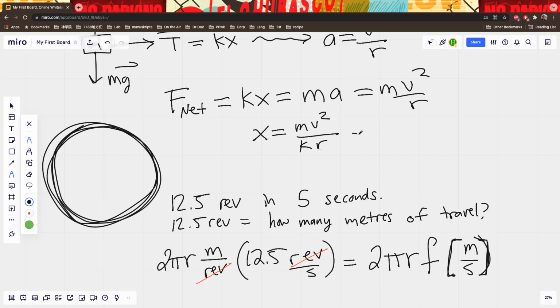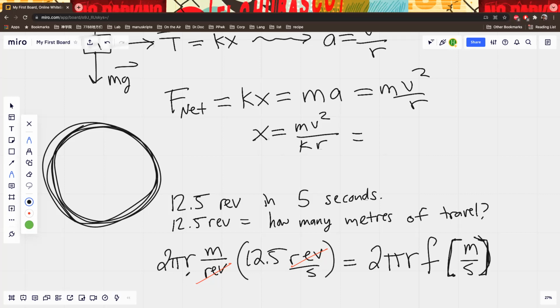Okay, so here we didn't have the velocity, we had the revolutions, but now the distance you're traveling times the frequency is going to be the velocity, because here we have meters per second. Every time we do a circle, we're doing 2 pi r meters of travel.